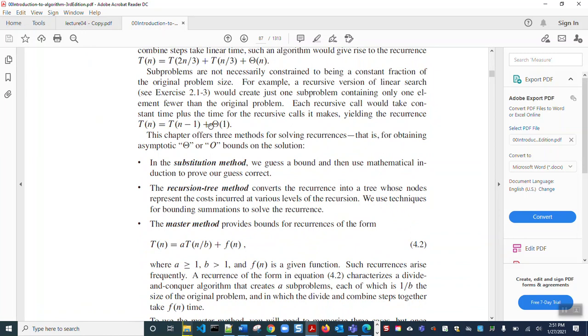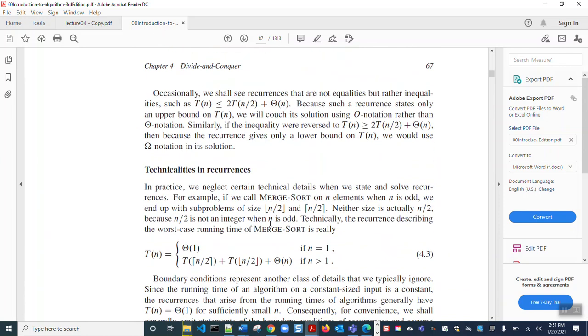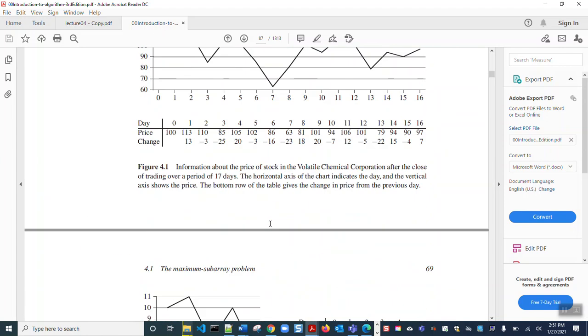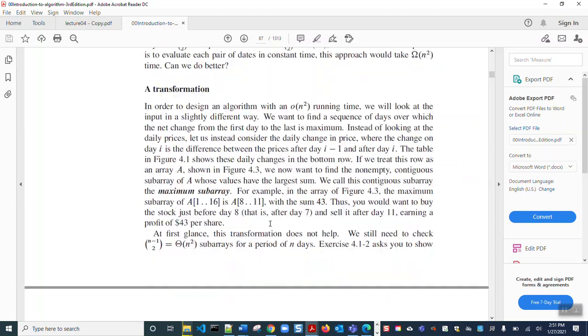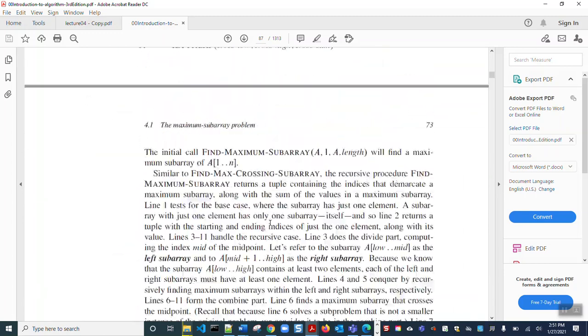This chapter refers to solving or proving this in three ways: the substitution method, the recursion tree method, and the master method. The master method is the one that we will discuss. I would like you to go through the main part of this book, then you will learn more.